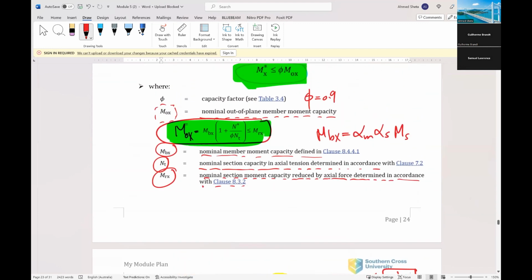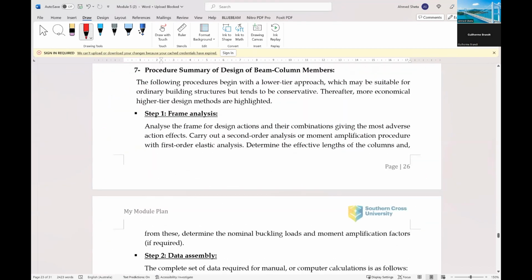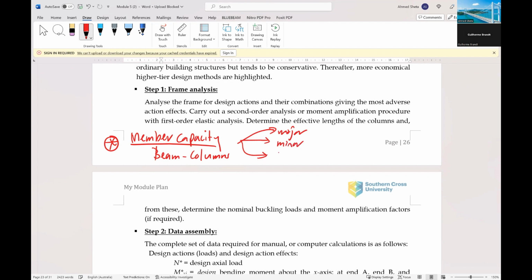So if we arrange them, we have six cases of member capacity, two for each, one for compression and one for tension. So if we summarize what we have here, we have member capacity of beam columns. We have major axis bending, minor axis bending, and biaxial bending.